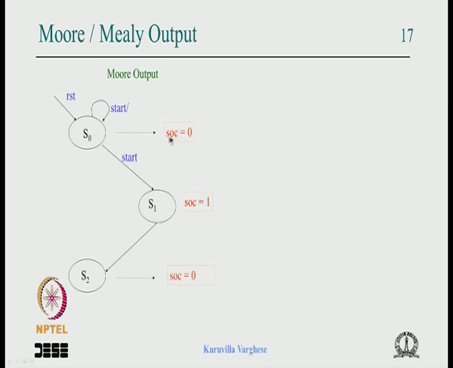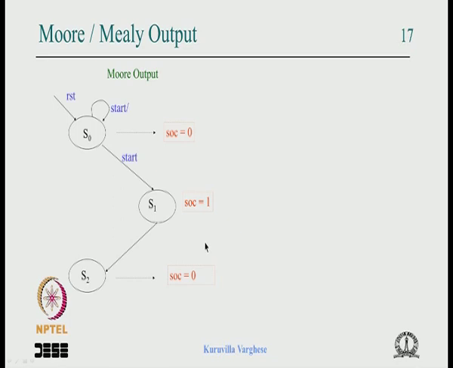We are only looking at this particular output which is of concern, the start of conversion pulse, which is 0, and when the start comes it transits to the next state, where the start of conversion is made 1, and there is no condition on that state. On the next clock it transits to the next state and SOC is made 0. So this state remains for 1 clock period, and you get a pulse of 1 clock period.